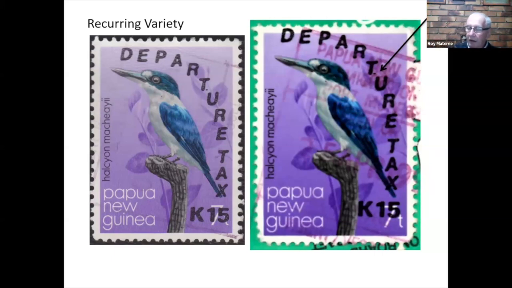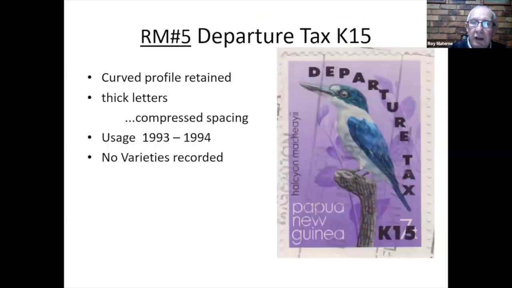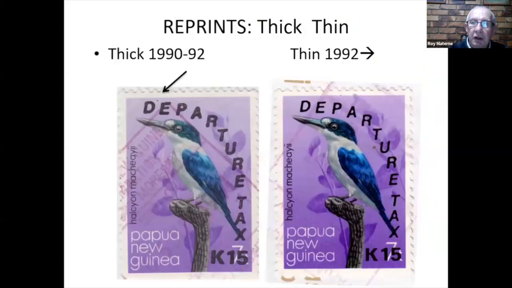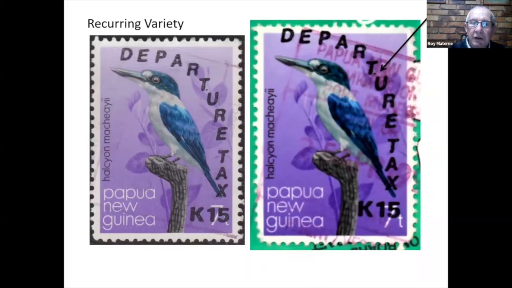Rather dark, so I scanned it and I lightened it, and I could pick up three different recurring varieties. I've only shown two. There's another nice one, but I thought, well, two's enough. The interesting thing is the comment made by David and others, the clarity of the printing of the overprint on these stamps, and the fact that they don't have the dots and spots.